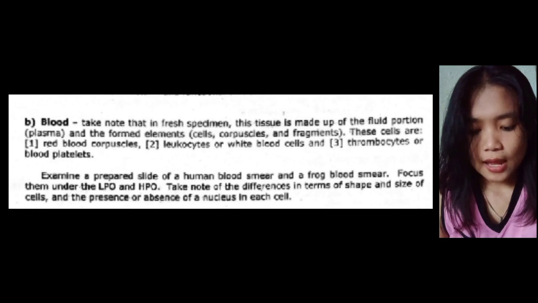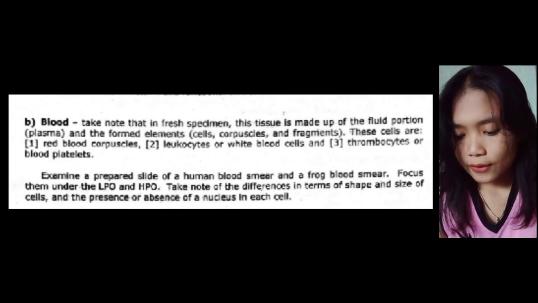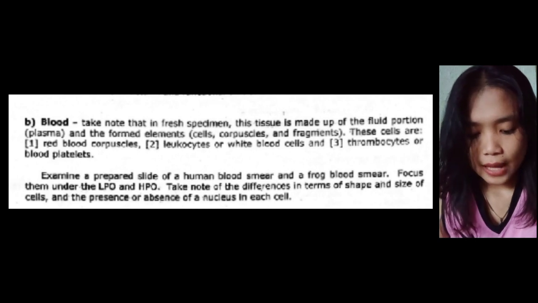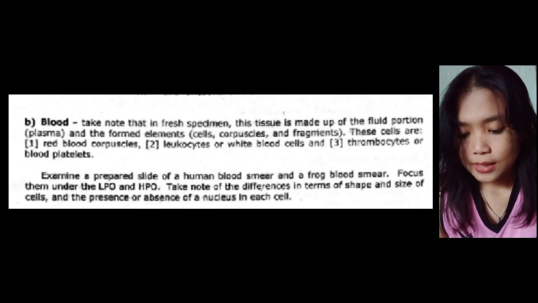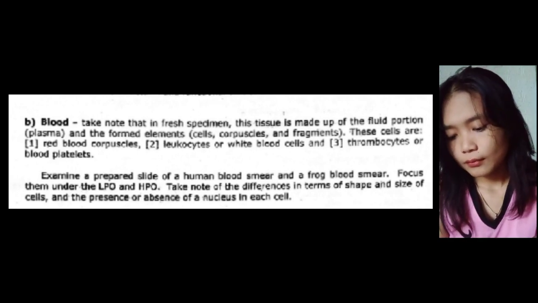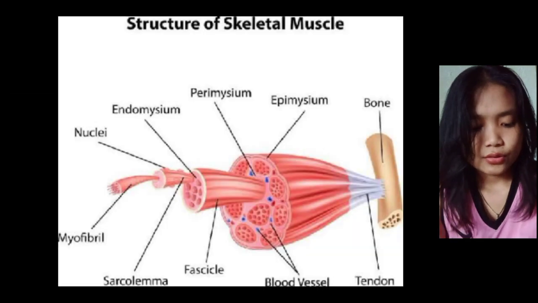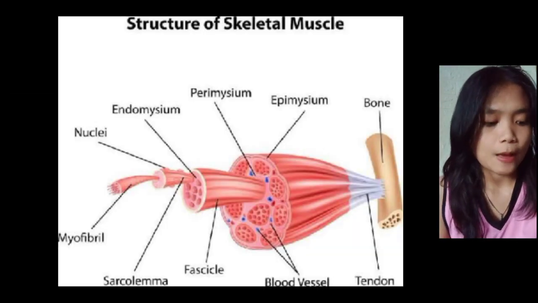Focus them under the LPO and HPO. Take note of the differences in terms of shape and size of cells, and the presence or absence of a nucleus in each cell. So the blood is one of the connective tissues.